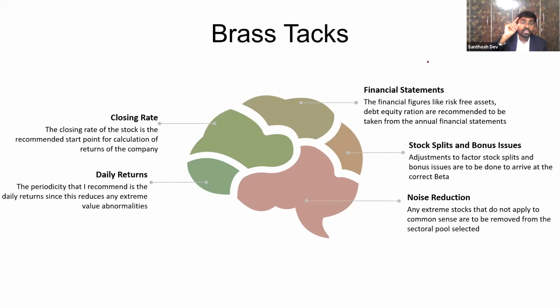You'll have to be careful there and factor for it. Then noise reduction: any extreme stocks that you find, say GameStop, if you are valuing a technology stock and GameStop is a comparative company, don't take that kind of stock that will skew your result. If you know it is an absolute extreme, leave it out. That will give you a better presentation.